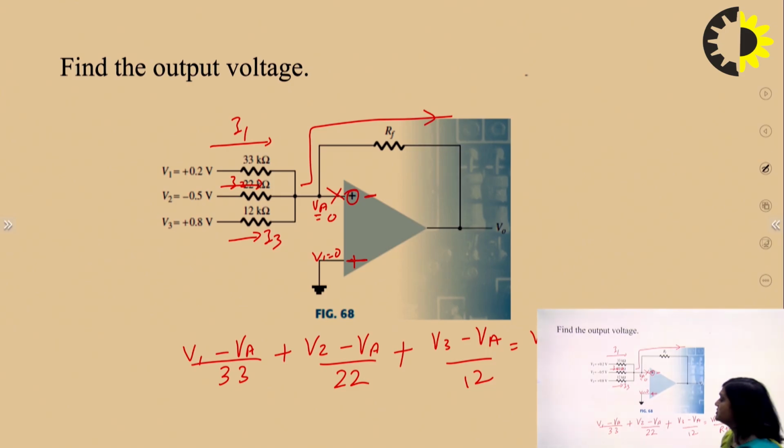Now we can put the value of VA here. VA is 0 in each case, and V1 is given as 0.2, V2 is given as minus 0.5 and V3 is given as minus 0.8. So in this equation we will have only one unknown, that is V0. So we can find the value of V0 here.